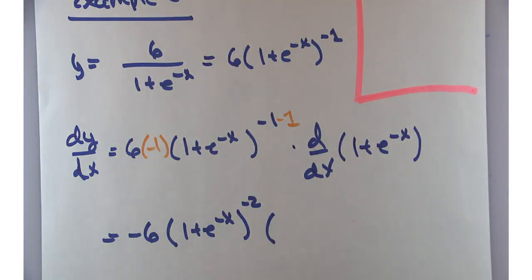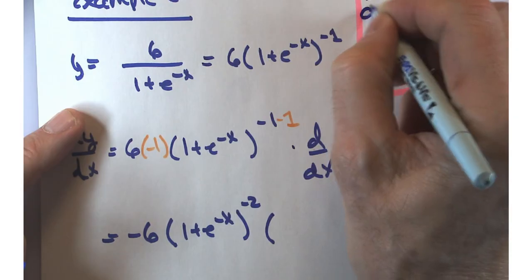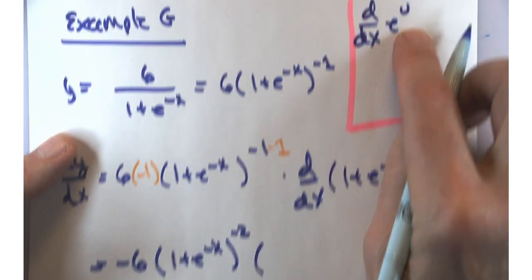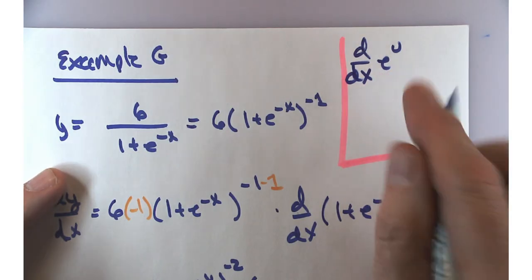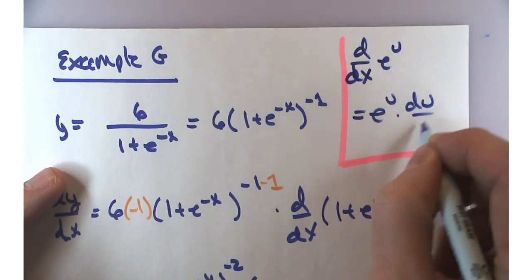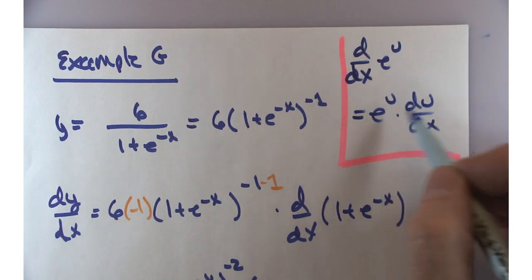If you're differentiating e to the u with respect to x, so d by dx of e to some function, doesn't matter what it is, it's going to be e to that function times the derivative of the exponent. So basically you're just going to take whatever this is and multiply by the derivative of the exponent.